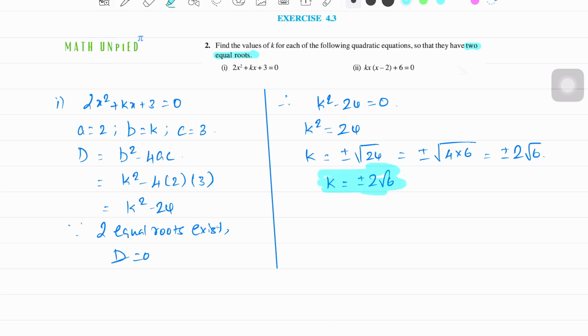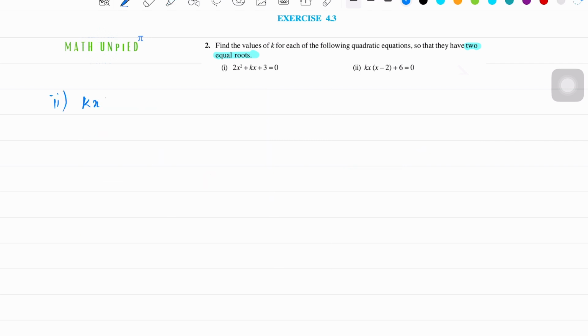Now let's move on to the second one. kx times (x minus 2) plus 6 equals 0. So let's simplify this and bring it to the form ax squared plus bx plus c equals 0. So we'll just expand this. kx squared minus 2kx plus 6 equals 0.